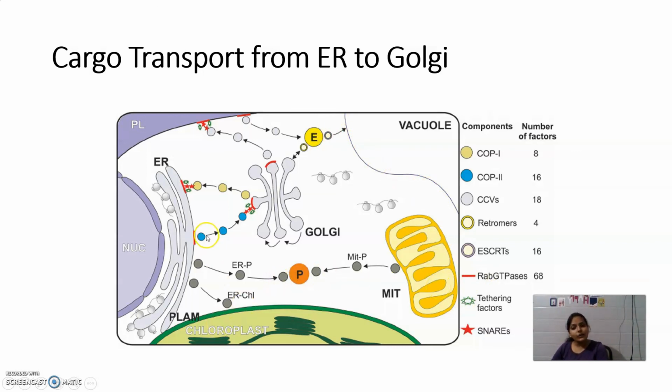Then all this transport of the vesicles across the membranes, from ER to Golgi and from Golgi to the plasma membrane, requires some special type of energy particles that are called RAB GTPases.